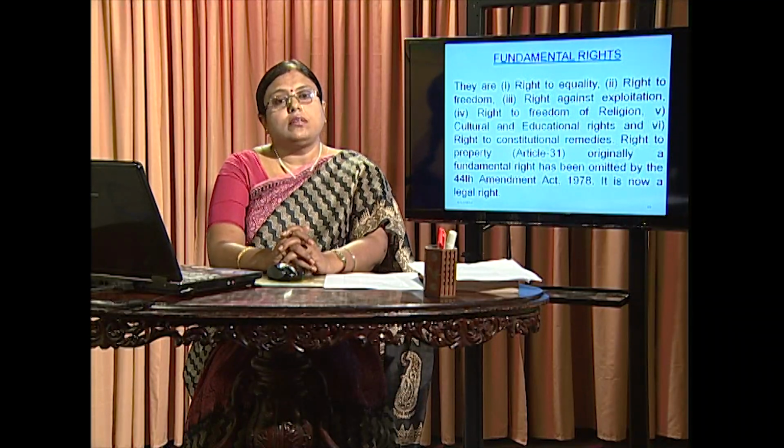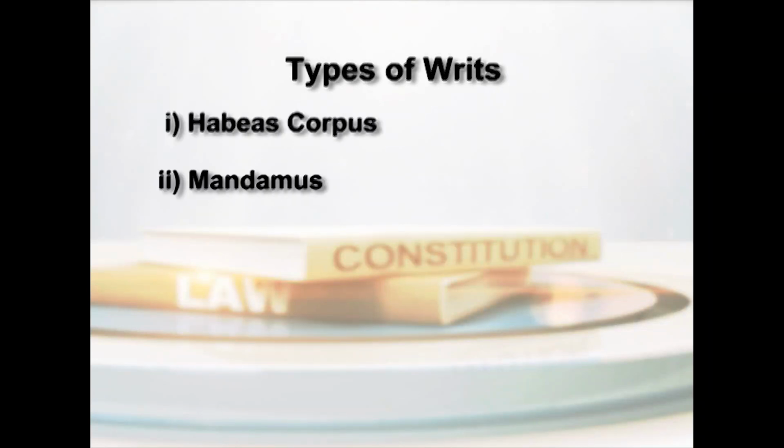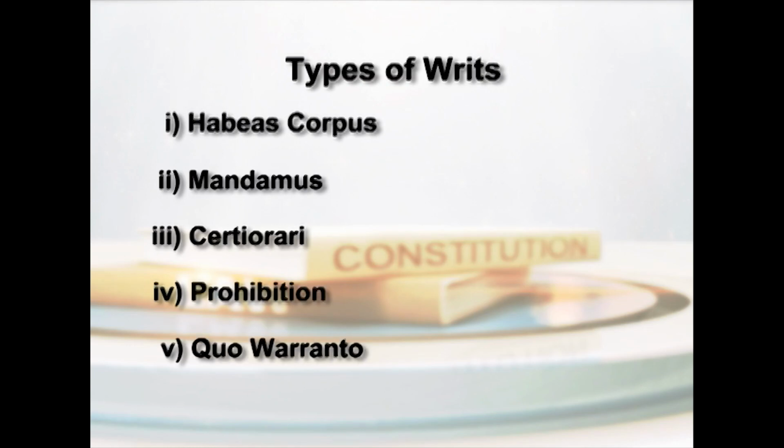But so far as Article 32 is concerned, we can move to the Supreme Court only for enforcement of the fundamental rights. And what the courts can do? They can issue writs. There are 5 types of writs: habeas corpus, mandamus, certiorari, prohibition, and quo warranto. In specific cases, courts issue these writs for enforcement of these rights.